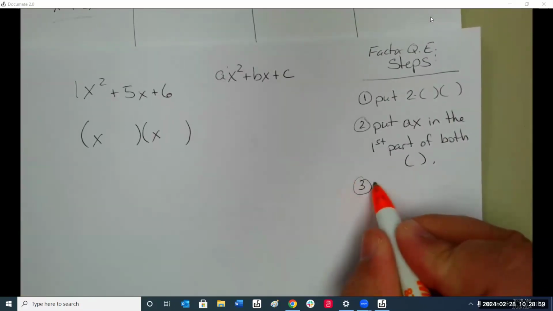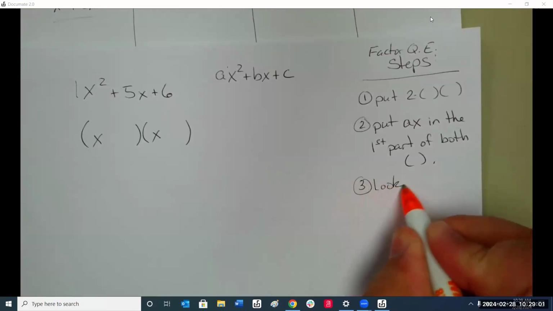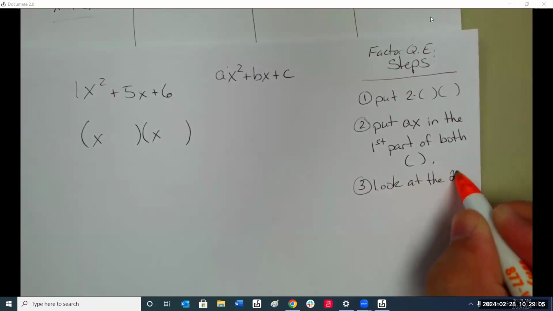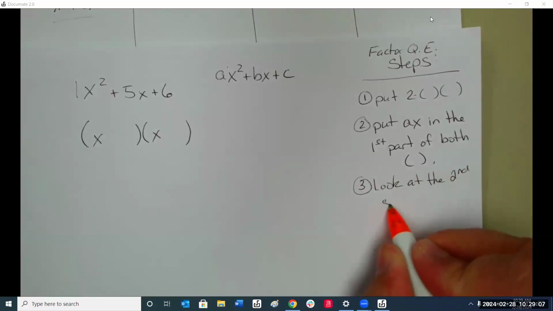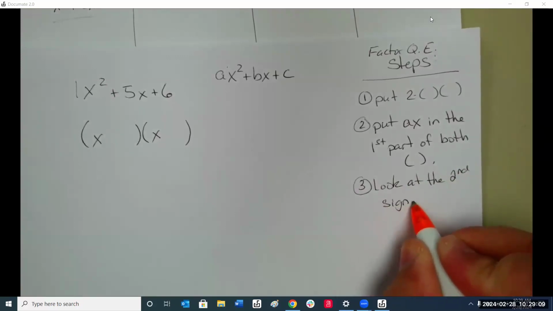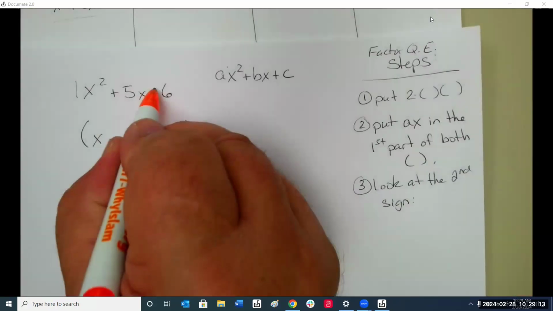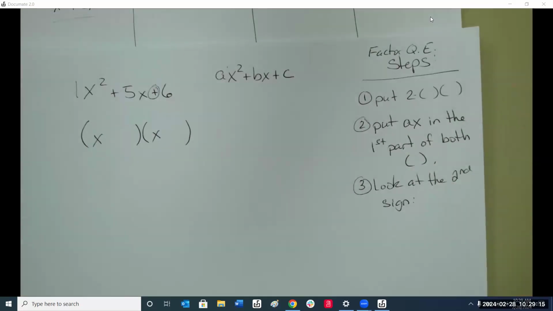Third step. Look at the second sign. That's that one.